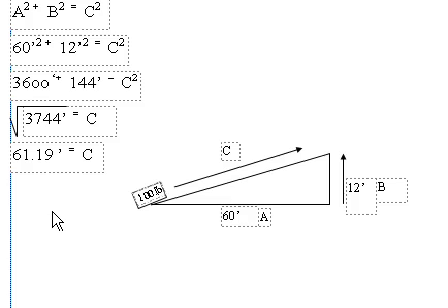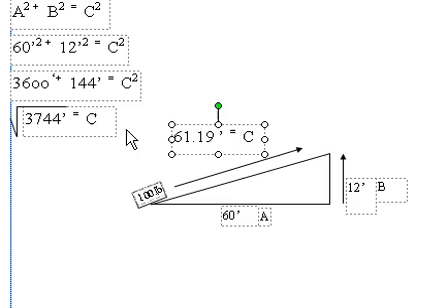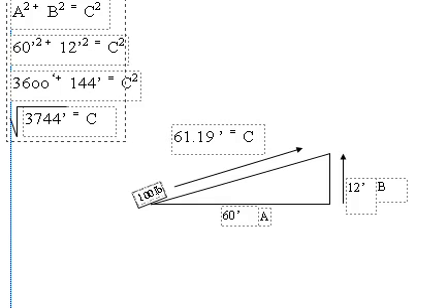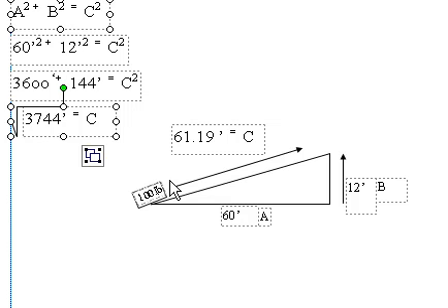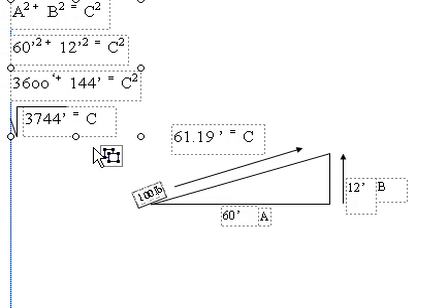Now, the square root of 3,744 is 61.19 feet. So we can now say c, this c over here, let's move that out of the way, c is equal to 61.19 feet. Now we can begin our problem. So we'll move all this other stuff out of the way and we'll continue on with our problem. Step 1 is complete.